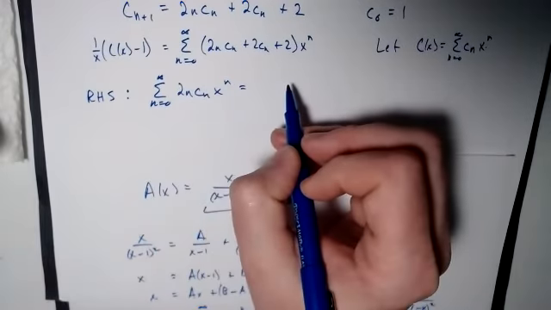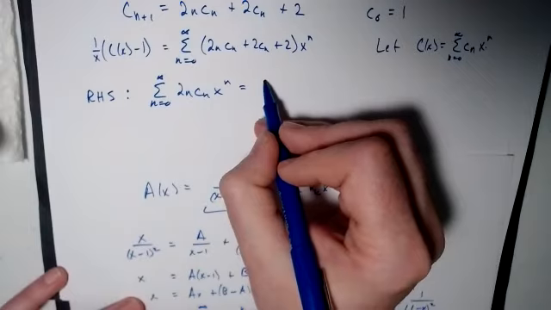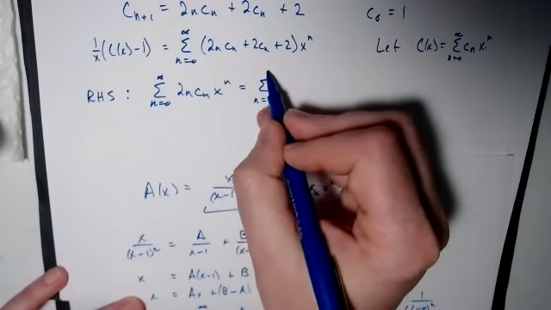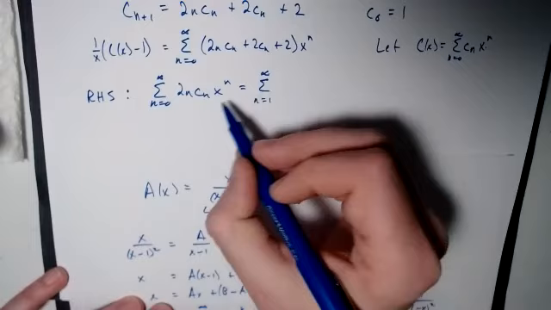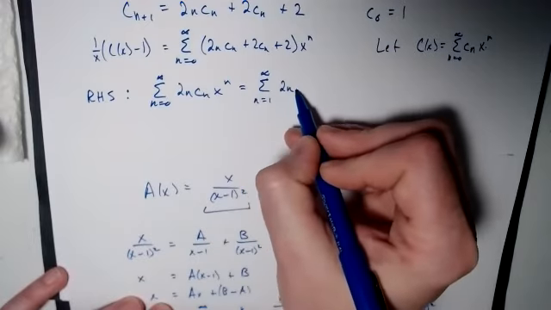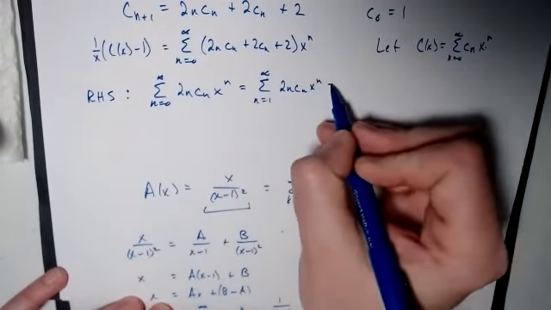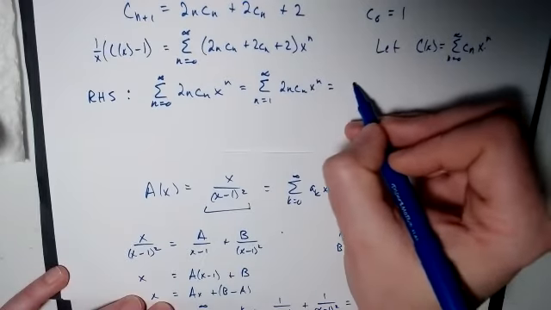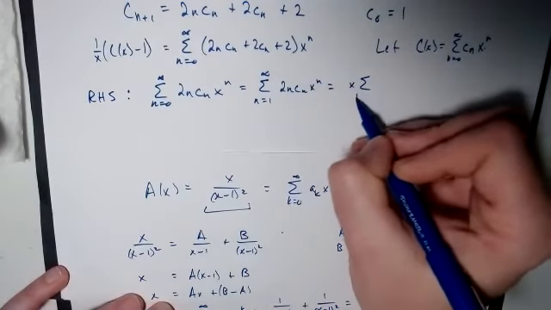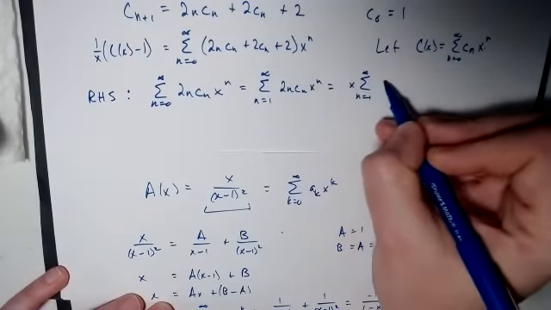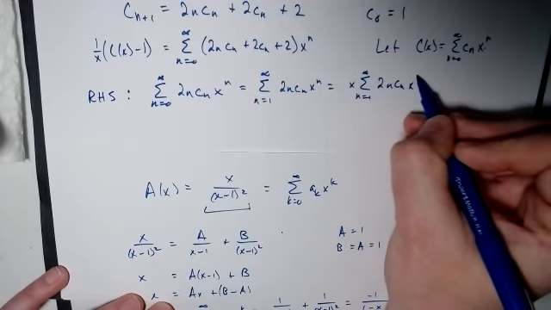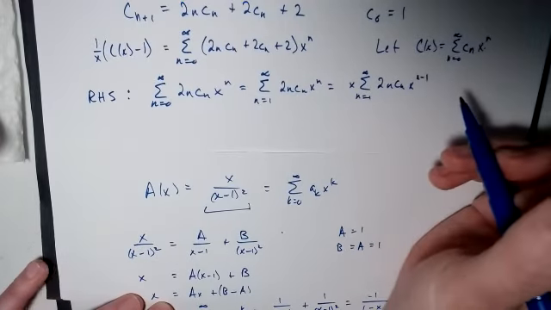So that's equal to the sum as n goes from 1 to infinity, because when n is 0, that's 0, of 2n c_n x to the n. Then we can take an x out. So we get x times the sum as n goes from 1 to infinity of 2n c_n x to the n minus 1.